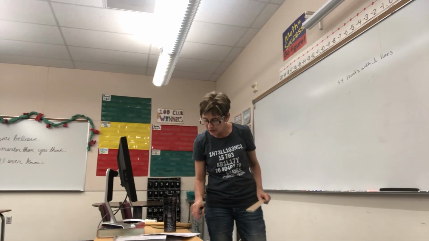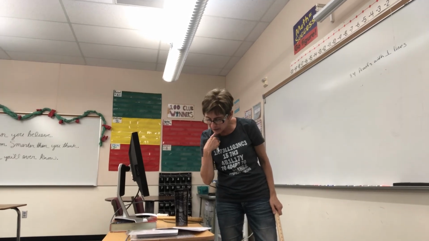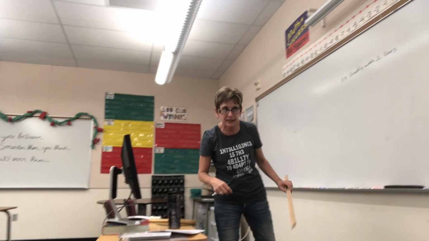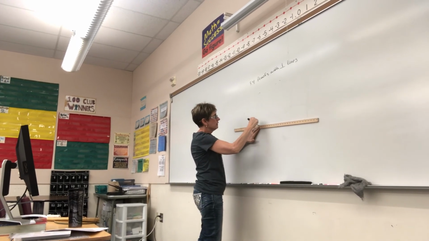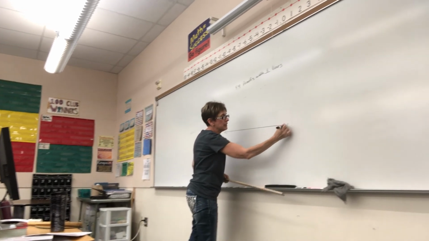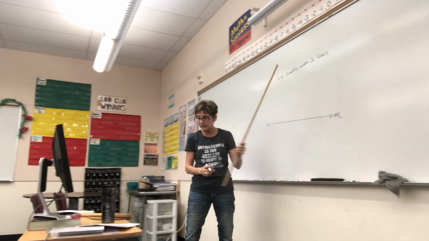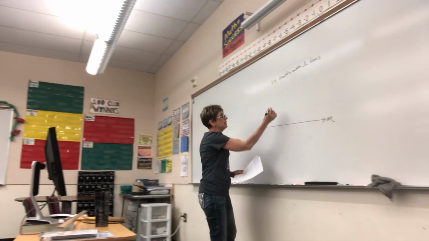We're going to use a compass and a straight edge to construct a line perpendicular to line M through point P. What I want you to do at the very end of your notes is draw line M. And I super appreciate your patience. I know this has been a really tough one. And then I also want you to draw point P above it.